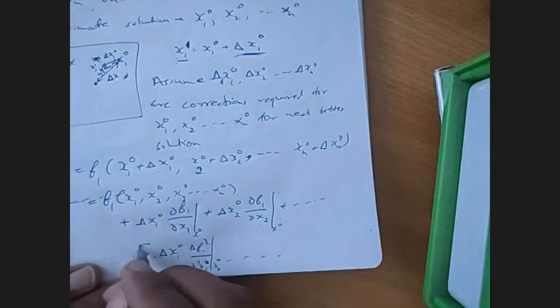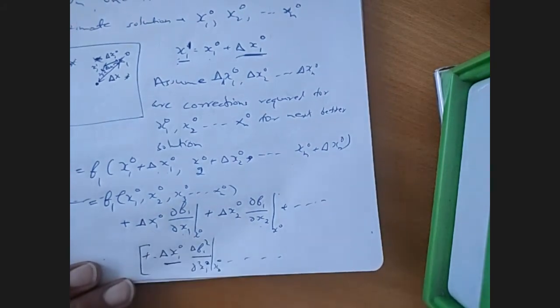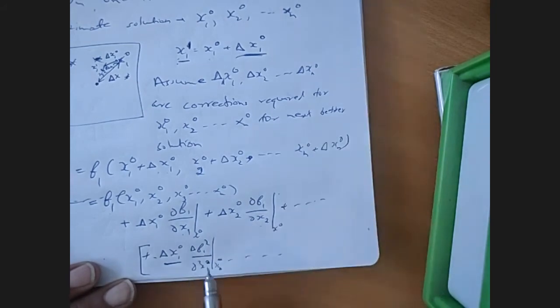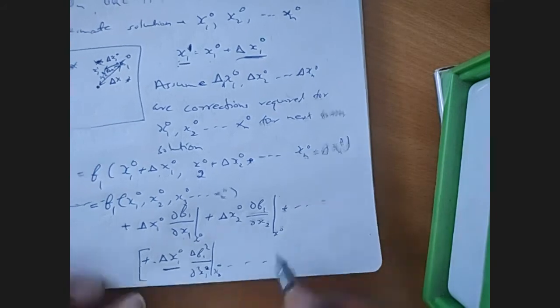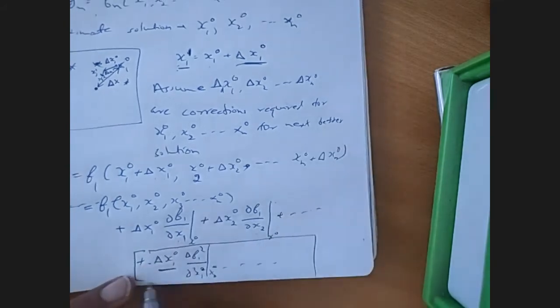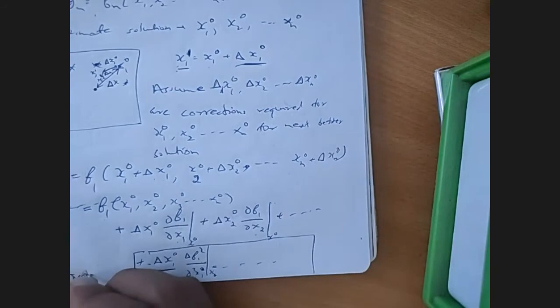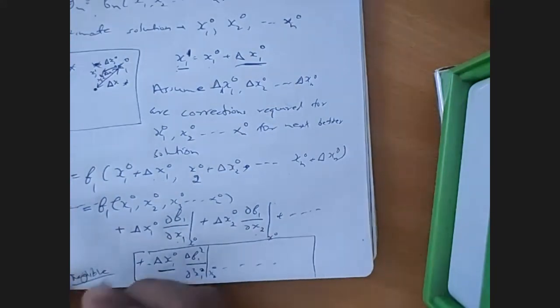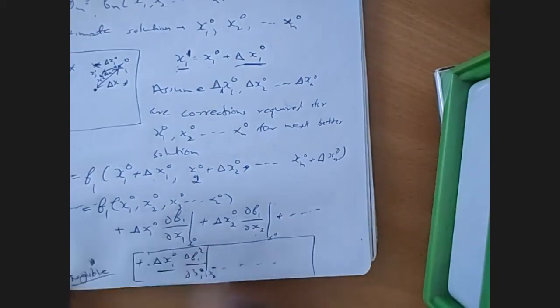Generally, because the change is small, when we go for second or higher order derivatives, they become negligible and we will remove them.